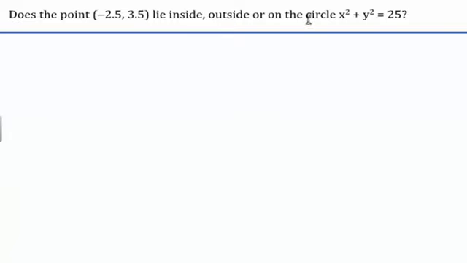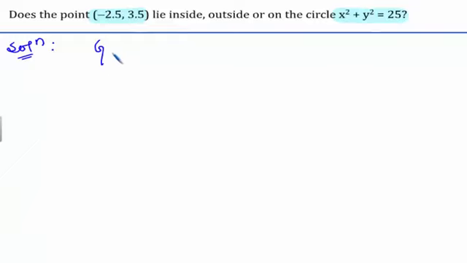In this question, we are given the equation of a circle x square plus y square is equal to 25, and we have to find whether the point with coordinates (minus 2.5, 3.5) lies inside, outside, or on the circle. Let's begin with the solution.